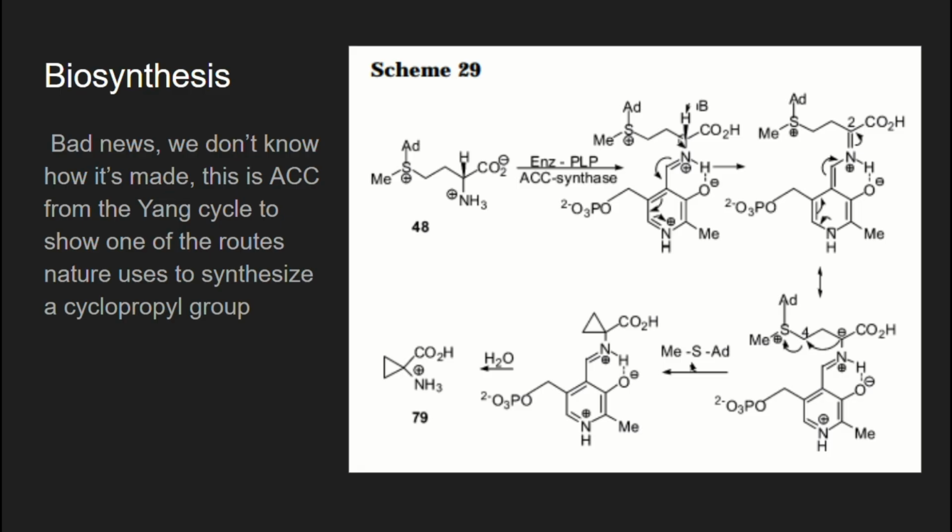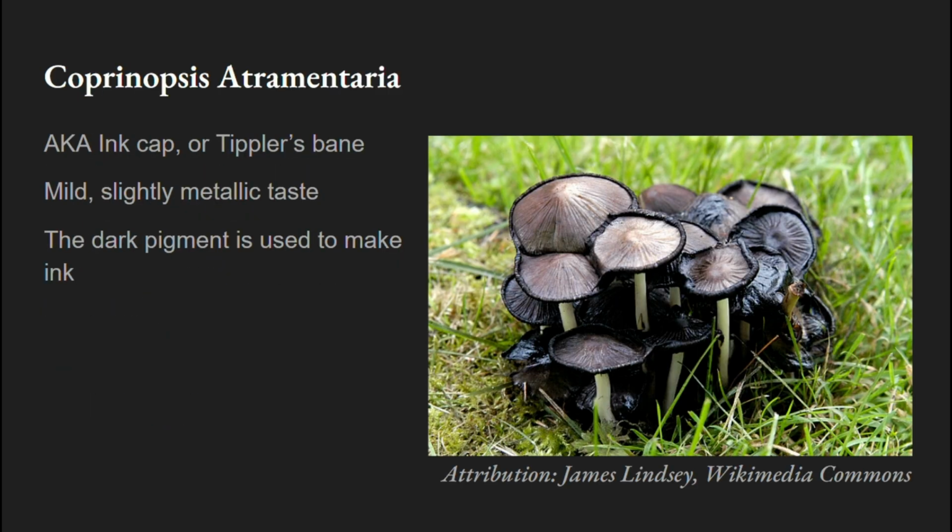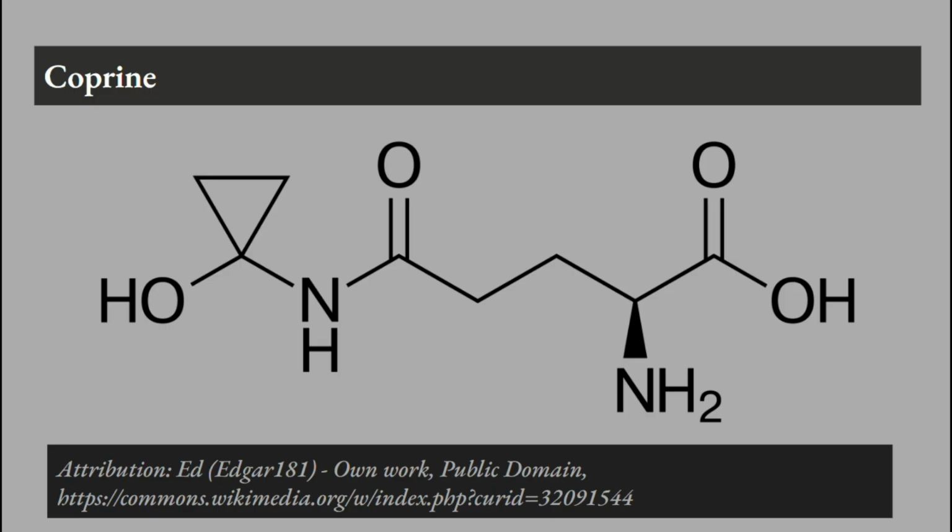So maybe Tippler's Bane makes it for ethylene. Maybe it's also been found to be insecticidal and antimicrobial. So maybe it's made as a defensive compound for Tippler's Bane. We just don't know.